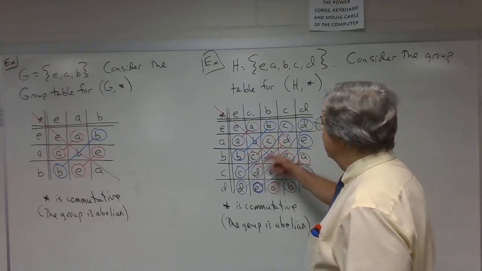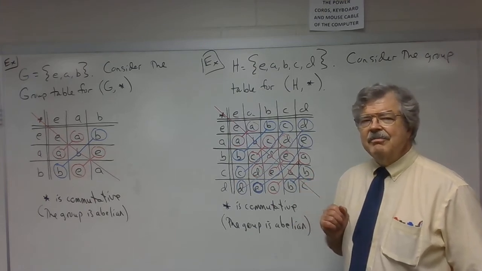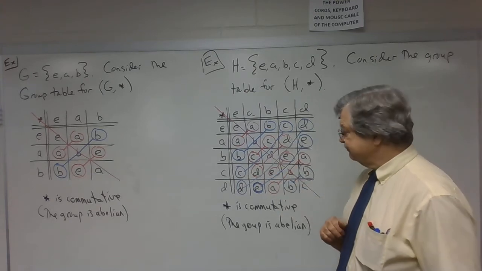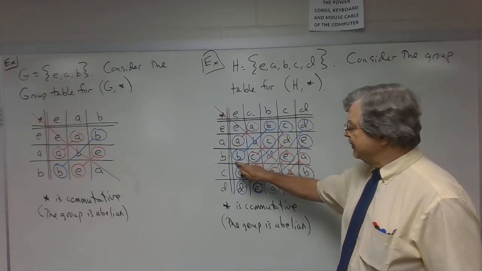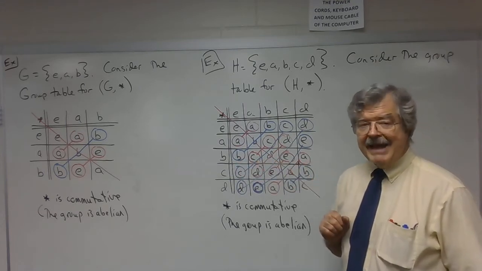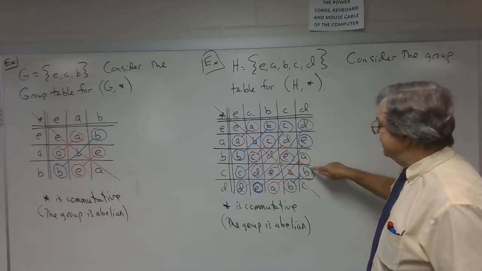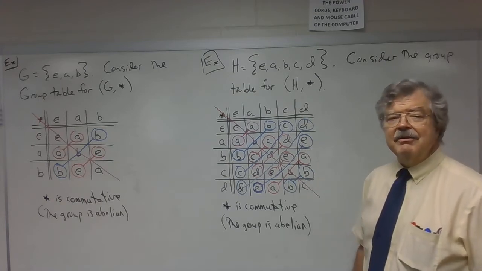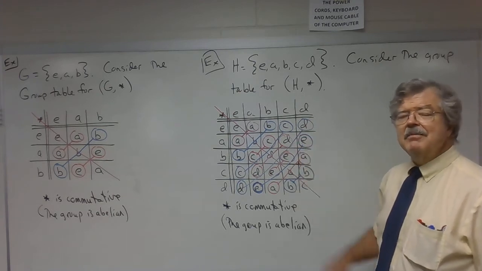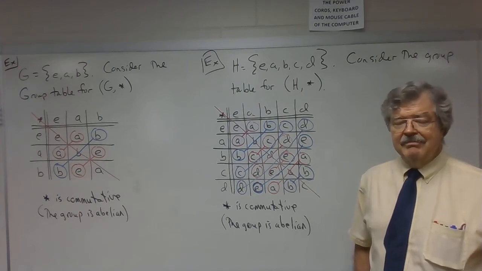Pick any row or any column of the group table, and every element of the group appears in that row or that column exactly once. Let's pick this row. We have B, C, D, E, A. Every element appeared exactly once. Let's take this column, D, E, A, B, C. Every element appears exactly once. In every row and in every column of this table, every element appears exactly once.